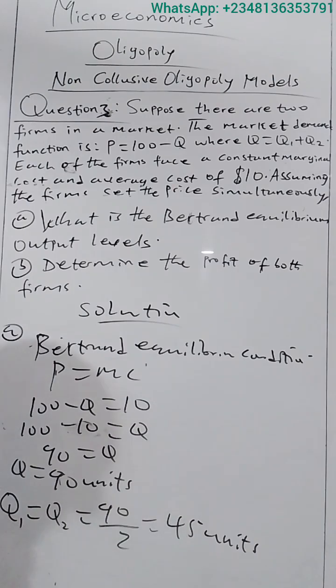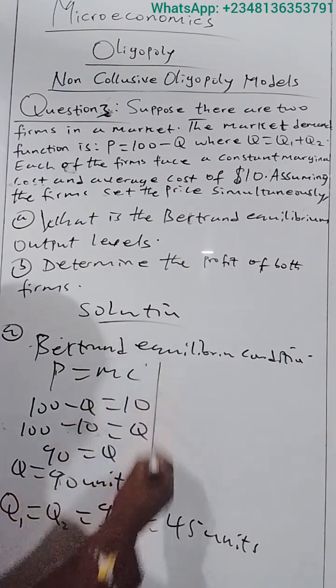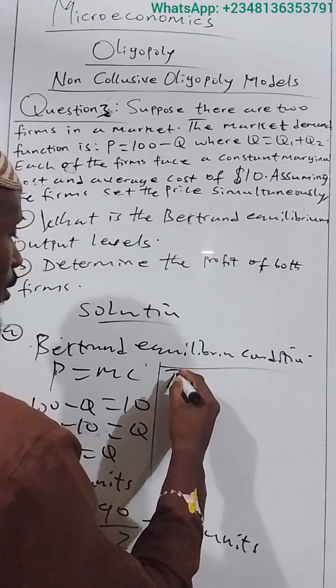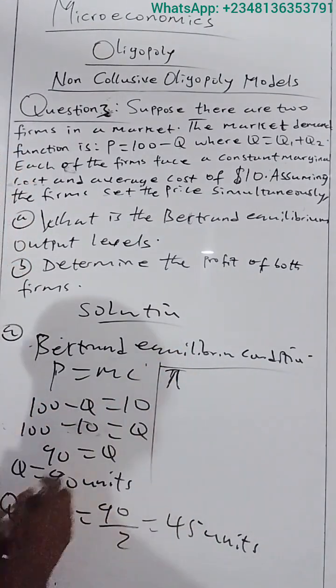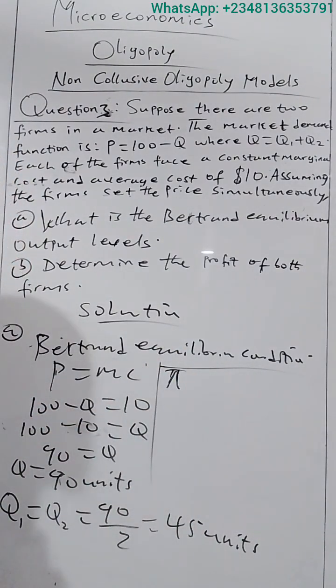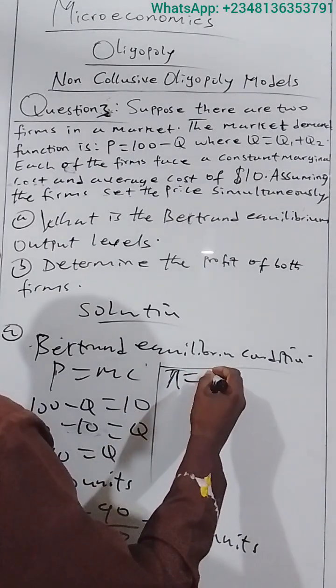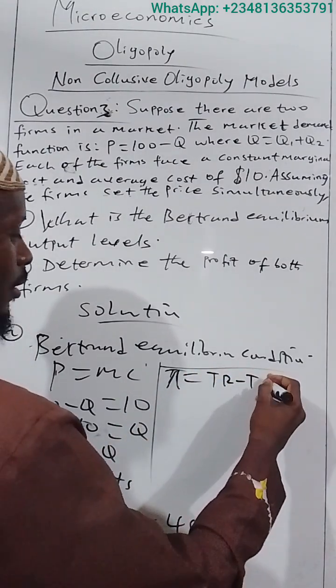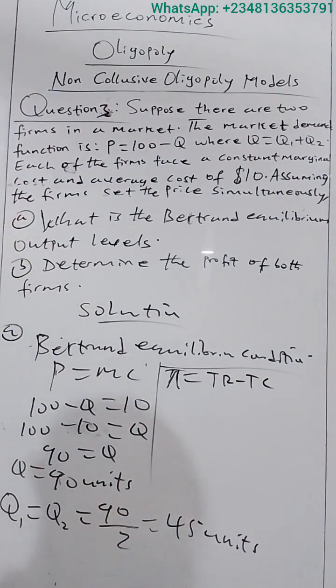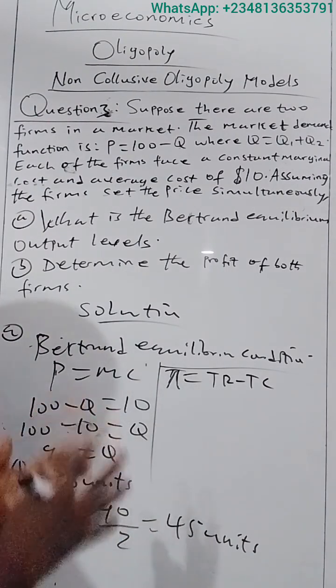Now we are also asked to determine the profit. How to determine the profit? Generally, because they produce the same units of output, they are also going to make the same level of profit. Generally, profit is equal to TR minus TC. There are two ways of finding the profit of each of the firms.